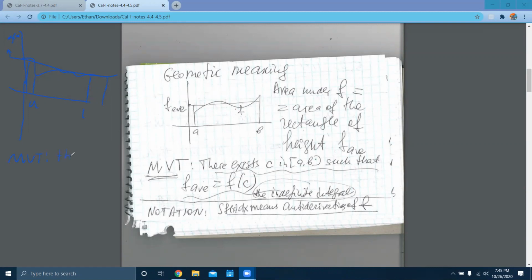There exists a value c where f of c is equal to g of x. All right. Oh, and you have to put on a to b, the interval a to b. And then you're able to get that done.